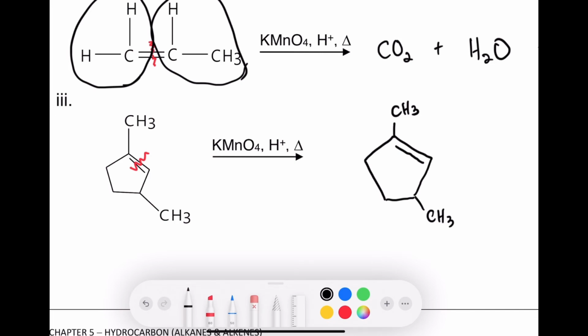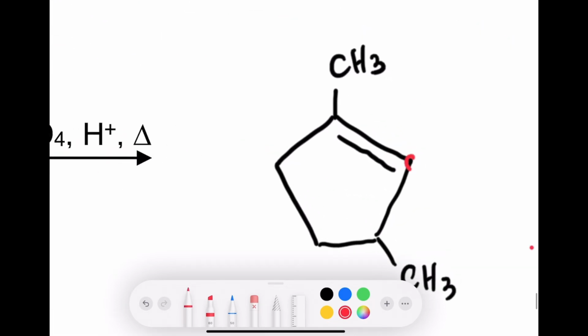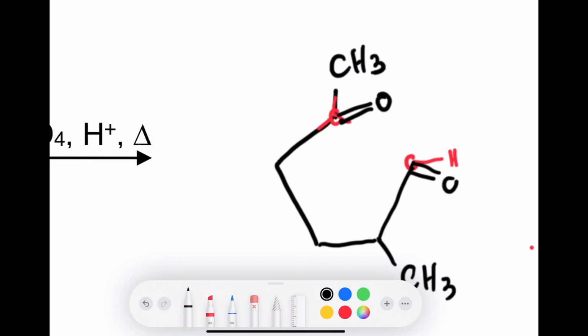As we know, this carbon contains 1 H, and this carbon is already full, 1, 2, 3, so it has no H. When the double bond is breaking up, this carbon will get half of the double bond, and also this one will get half of the double bond. So you're going to add O to this one.